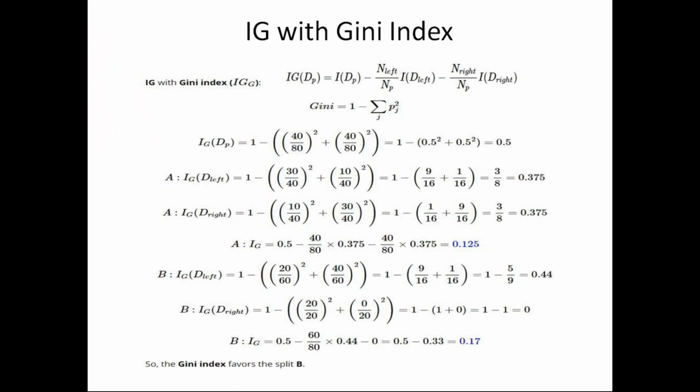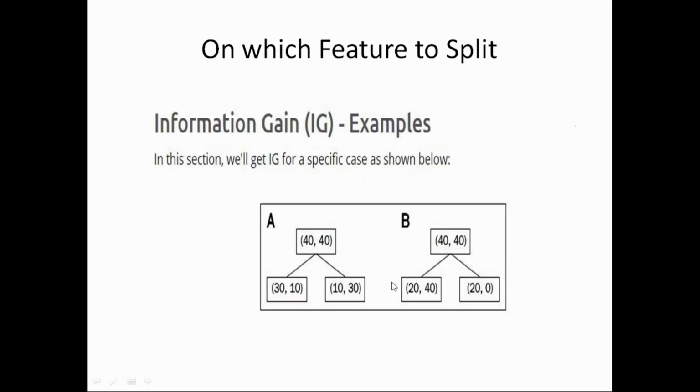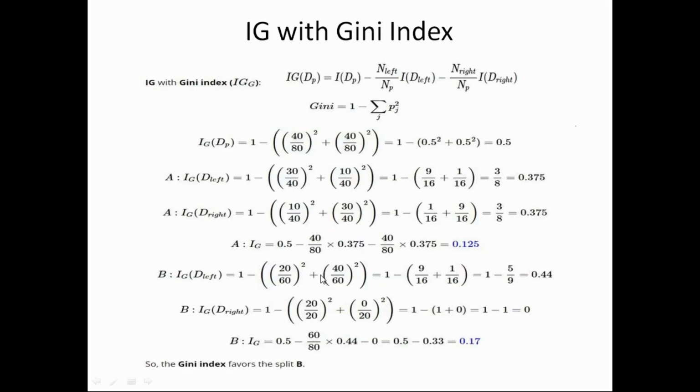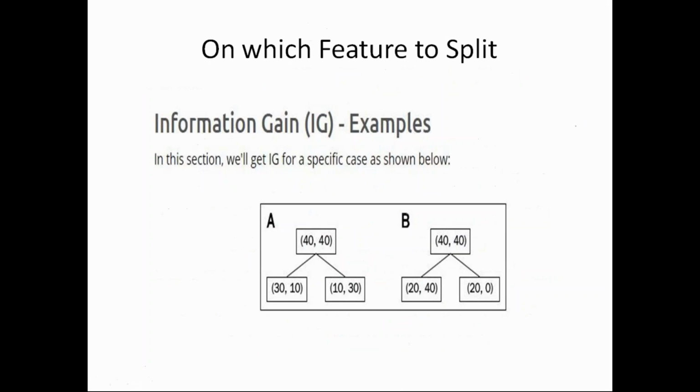Now, if you see this, this is just very simple mathematics. You remember, on this example only this mathematics has been done. So just remember this example of A and B splitting.